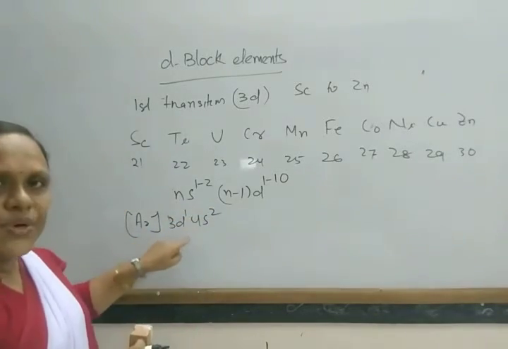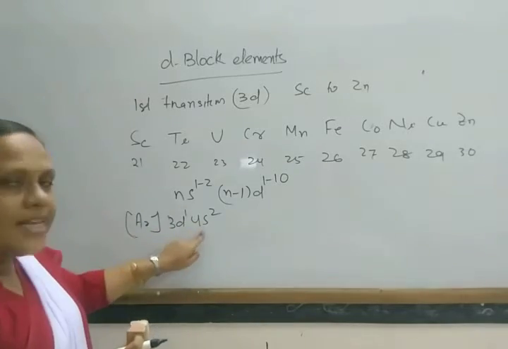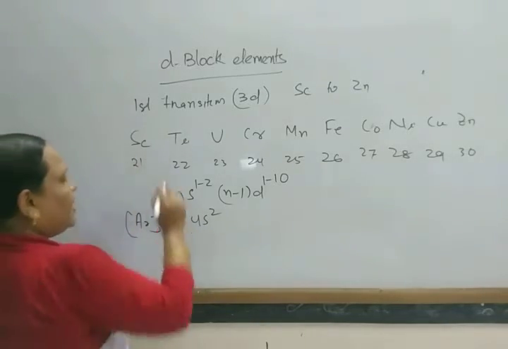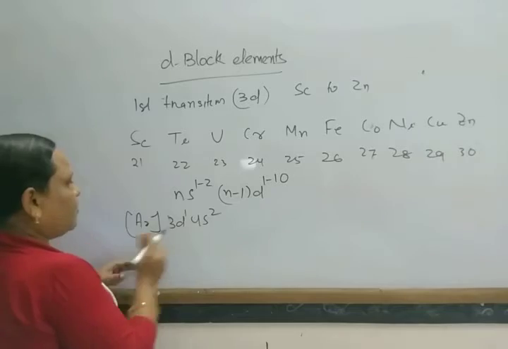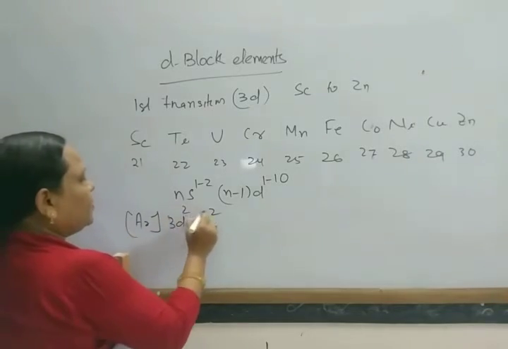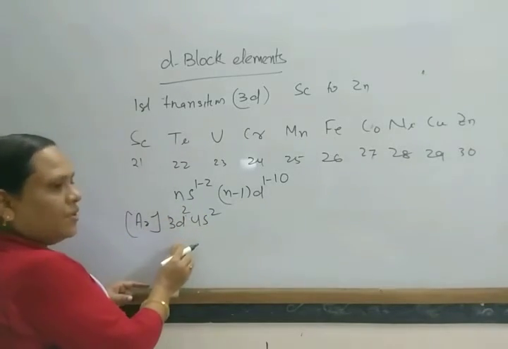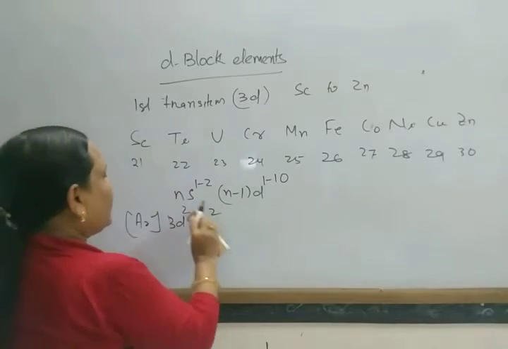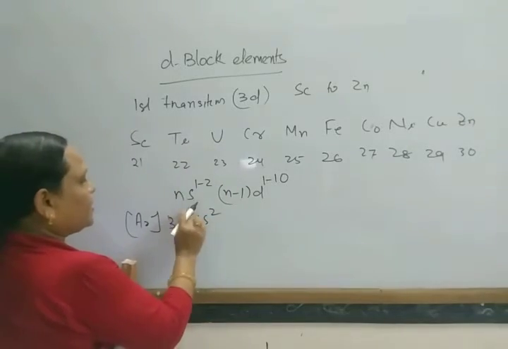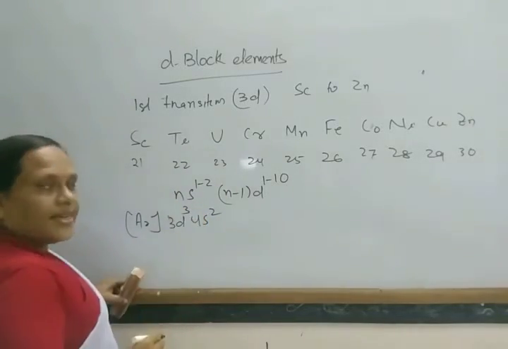So 4s2 and 3d1. The valence shell is 4s. Similarly, titanium has the configuration 3d2 4s2, and vanadium has the configuration 4s2 3d3.